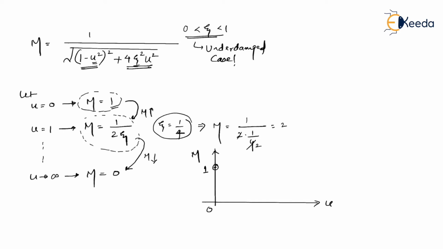When progressing from u equal to 0 to 1, the magnitude started increasing, and thereafter, as u increases, the magnitude decreases. So initially it takes the maximum value, and thereafter it decreases like this. I hope you got the point. This is the standard curve for magnitude versus frequency for the standard second order system.